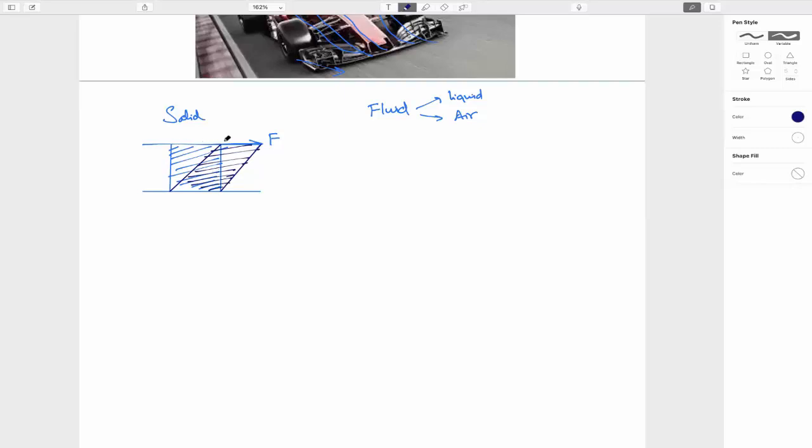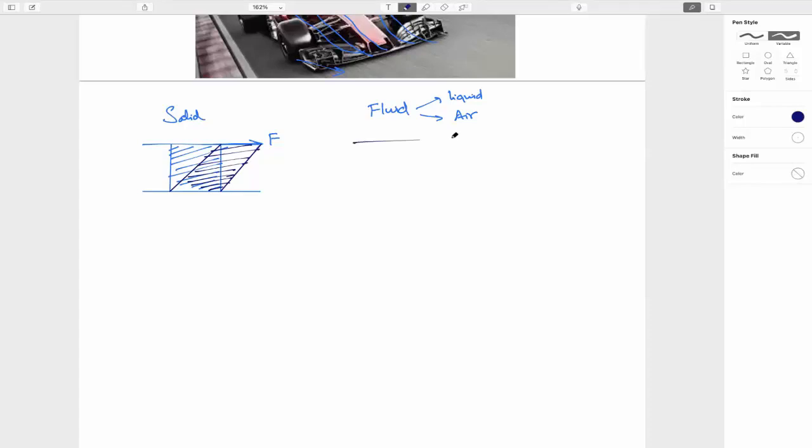When you apply a force, it gets deformed, and if it loses the elastic limit, then it will not resist that deformation and is not able to come back to its original position, and it will remain deformed in that way.